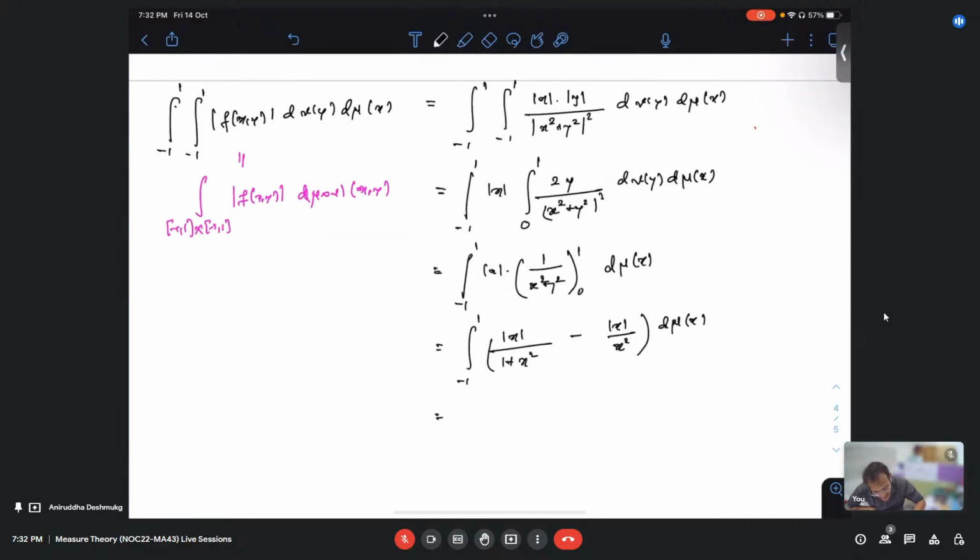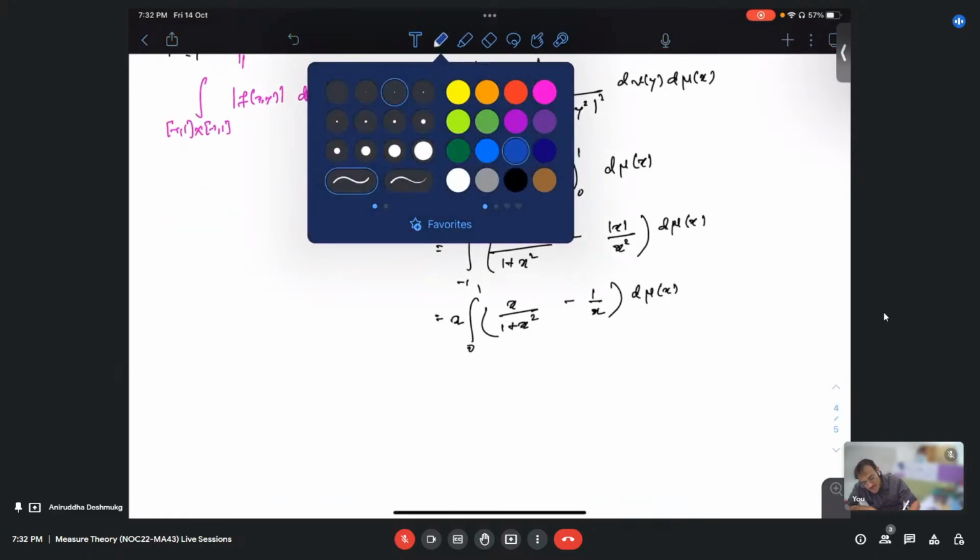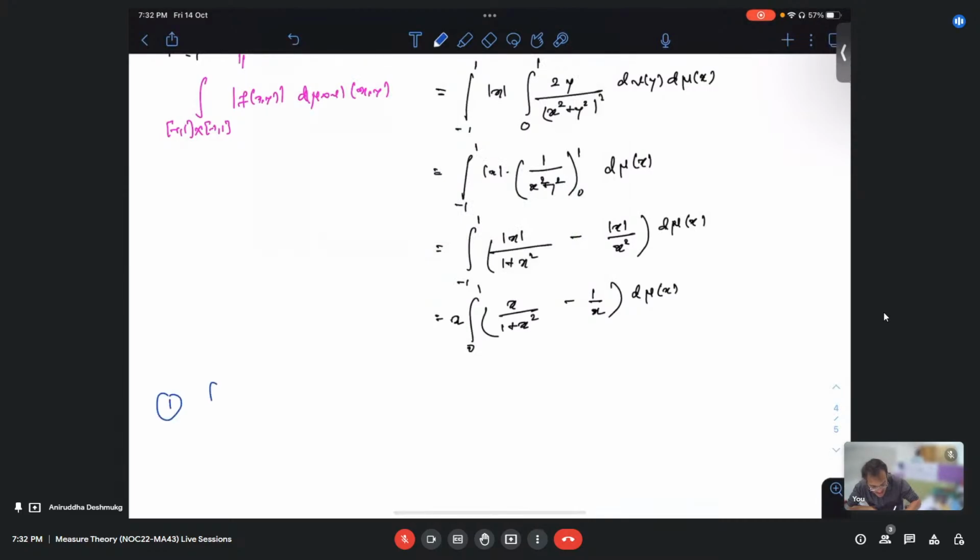Now again, the same thing, mod x over x square. So I can write it as 2 times the integral 0 to 1 of x over (1 plus x square) minus x over x square, which is 1 over x, dμx. Okay. So now there are a couple of things to observe. First is that the integral 0 to 1 of 1 over x dx is plus infinity, as we have discussed in one of the sessions using the simple function technique.